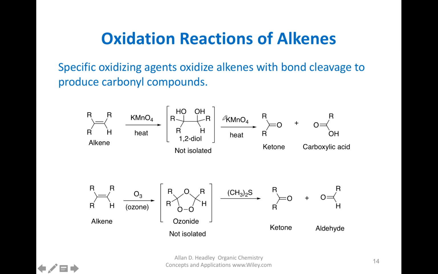Let us look at another oxidizing agent. Really, it's the same oxidizing agent, potassium permanganate, but the difference here is we are applying heat. So it's carried out at elevated temperature. As you would expect, the first reaction is to produce the 1,2-diol.